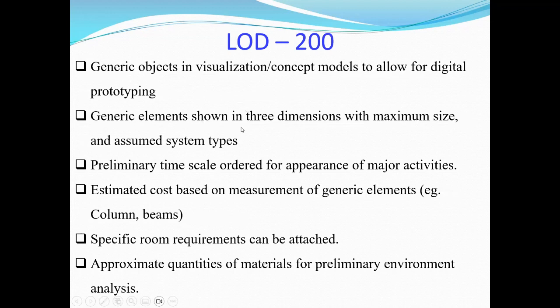Generic elements shown in 3D dimensions with maximum size, assume system types. Preliminary time scale order for appearance of major activities. So it's basically time share, project timing. So let's say for piling or foundation, how much timing, superstructure, how much timing, architect work, how much timing, final users, we can know how much timing, and so on we can do from here.